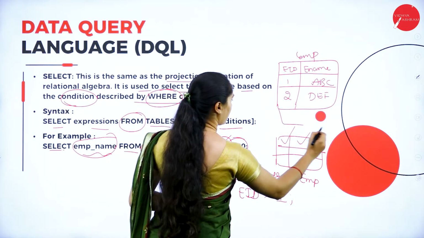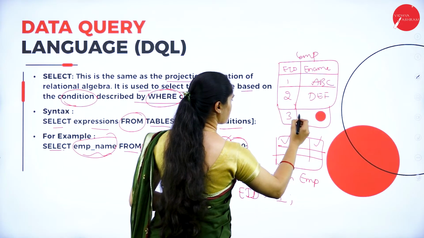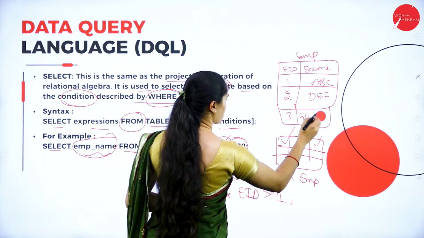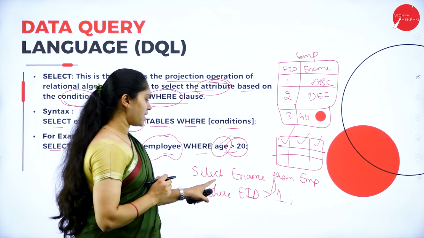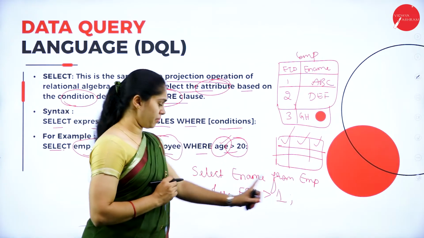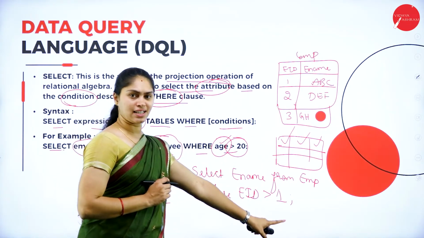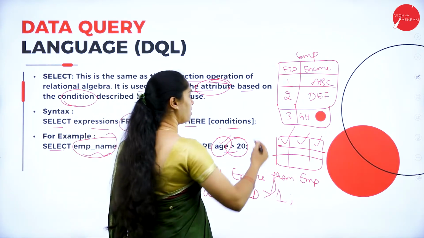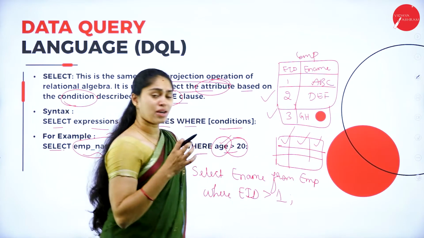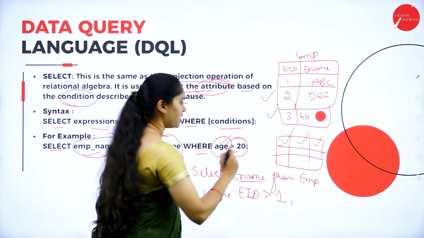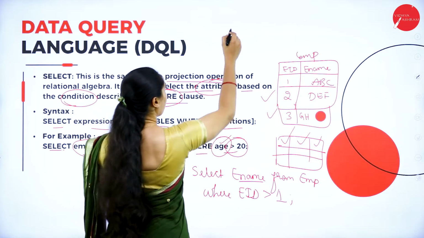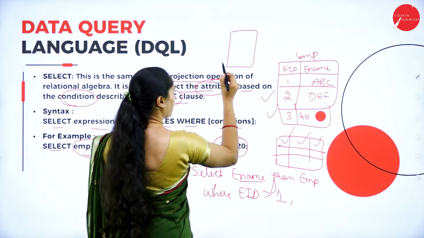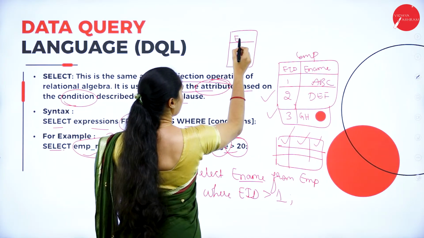You just imagine I have one more row. Consider GH. So select employee name from EMP where employee ID is greater than 1. Who are all the employees we have with ID greater than 1? That is 2 and 3. But what I am fetching is their name. So how will the output be now? It is going to give me only one column. That column name is E name.